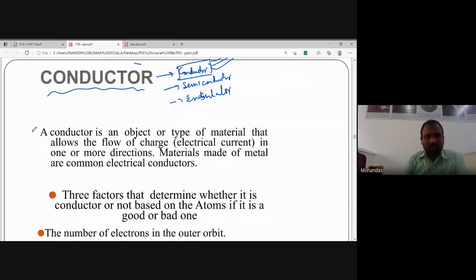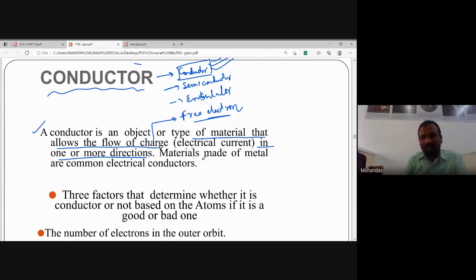See, a conductor is an object or type of material that allows the flow of charge. Charge, I will tell later. The charge is due to a free electron only. I will come to this point later also. It allows the flow of charges in one or more directions.